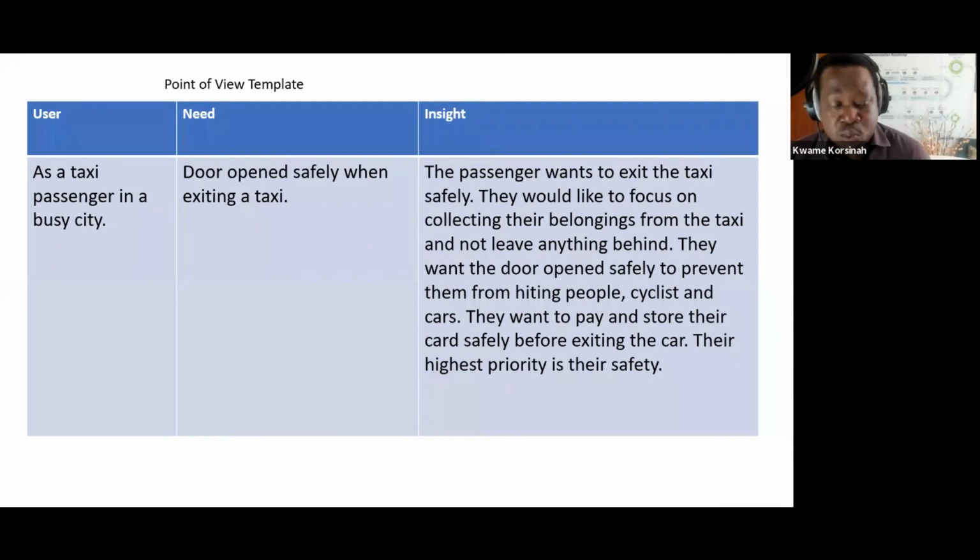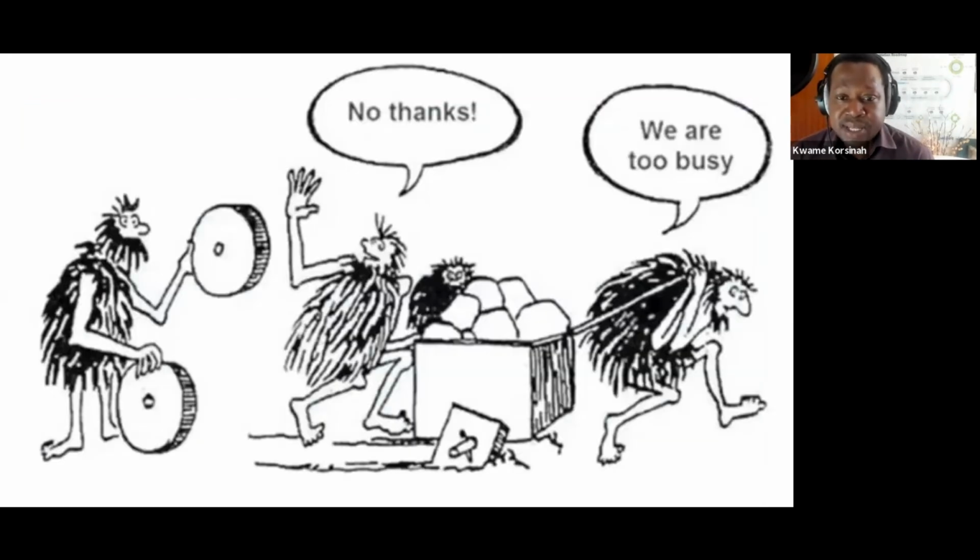And when we summarize our point of view statement, it enables us to start focusing on the ideate stage, to start developing multiple options to help resolve the customer's needs. So we shouldn't be too busy and not focusing on the customer.